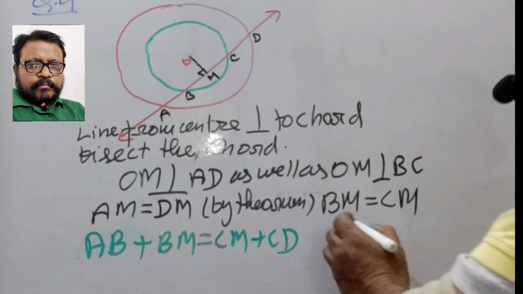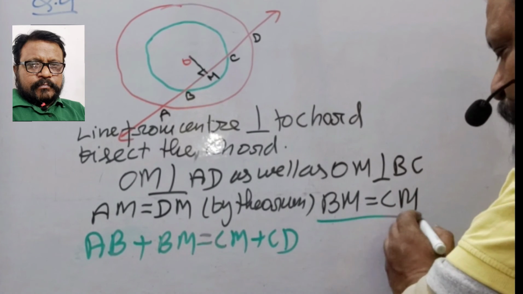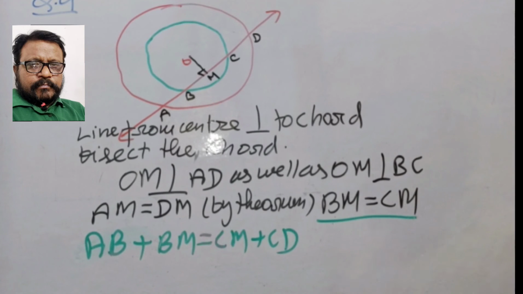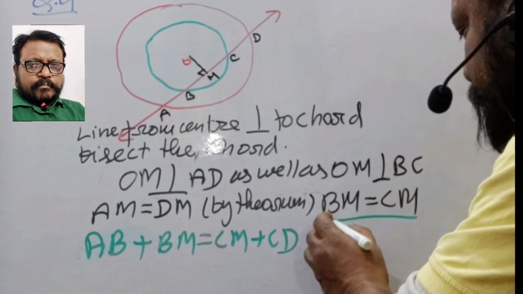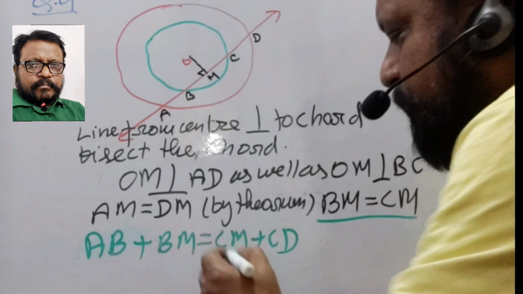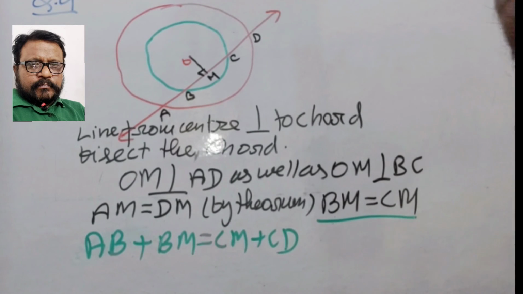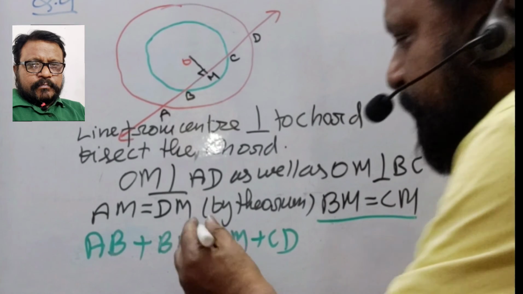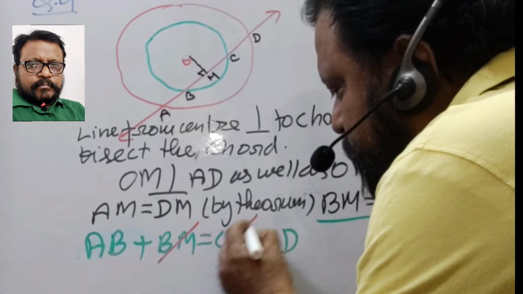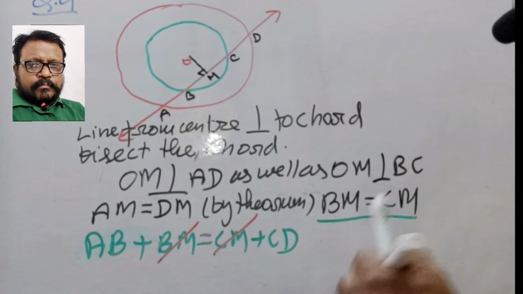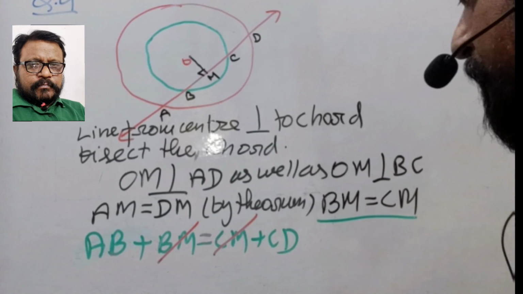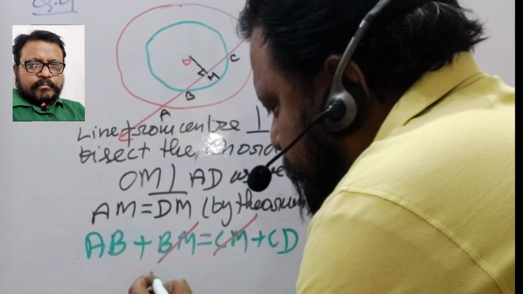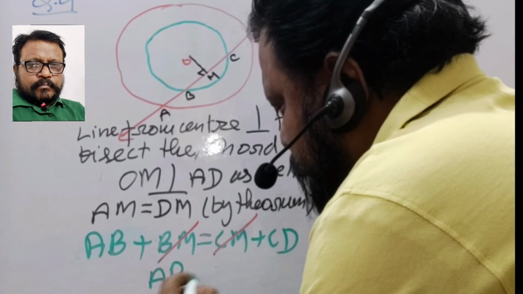And as we know BM is equal to CM, so BM cancelled off, so AB is equal to CD.